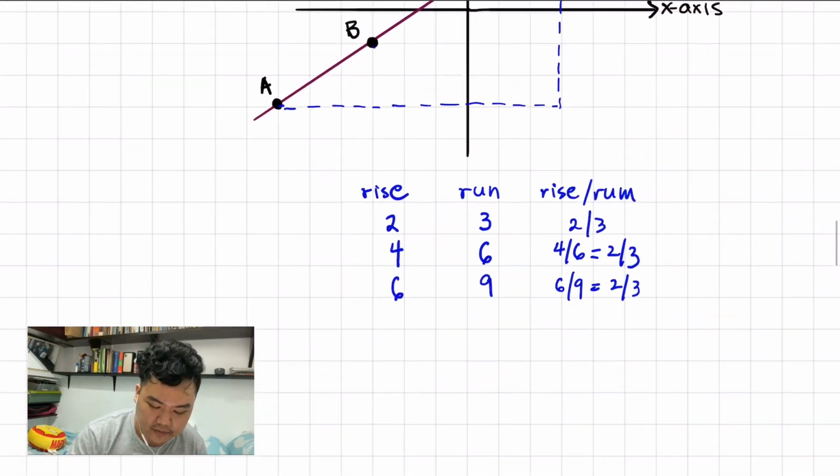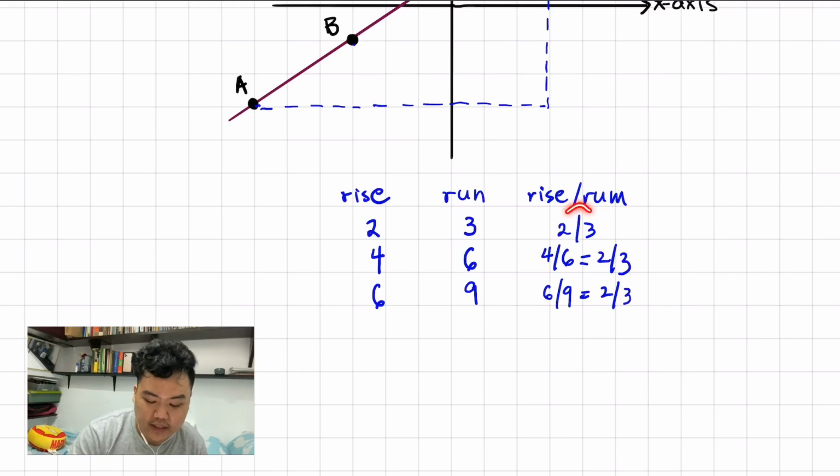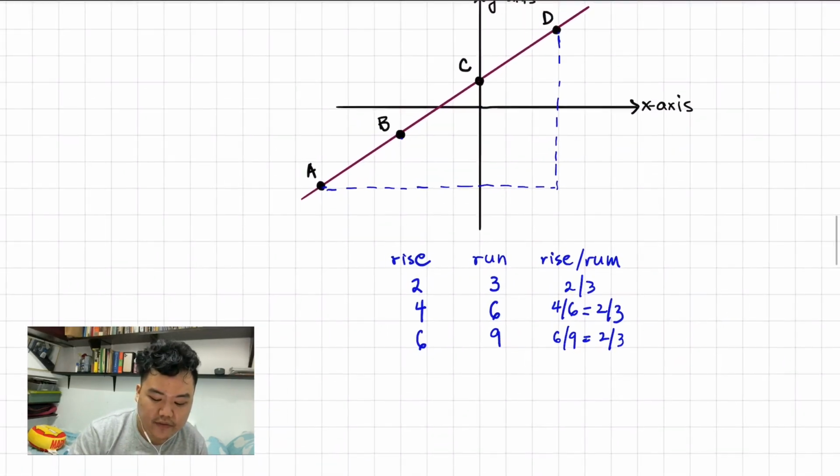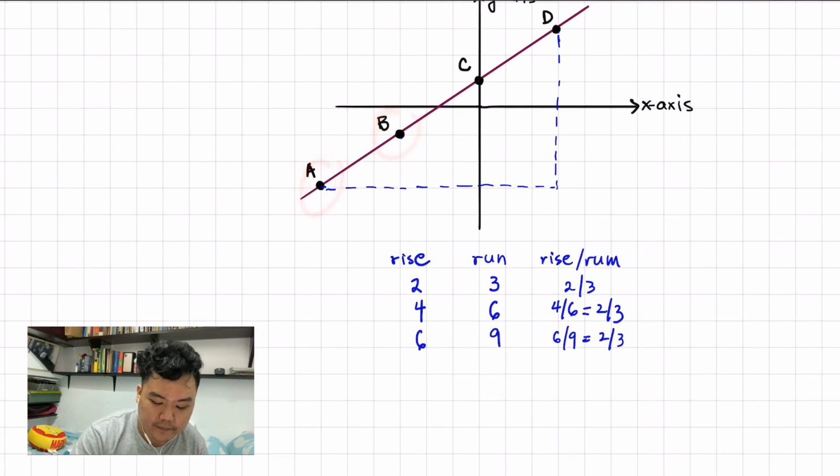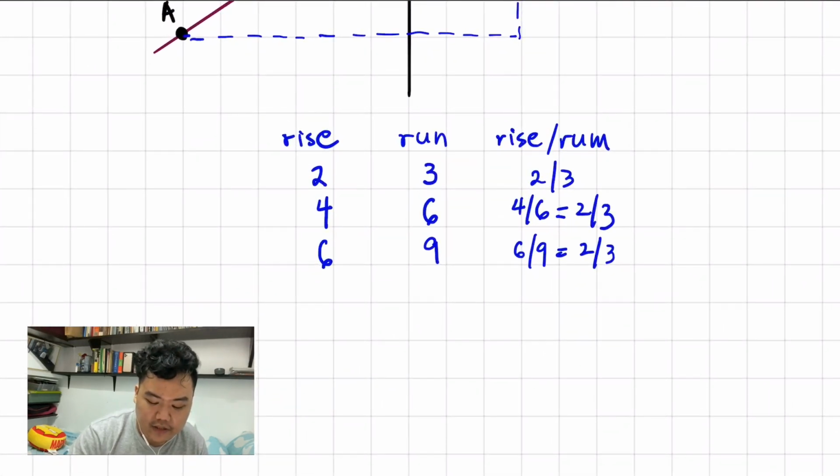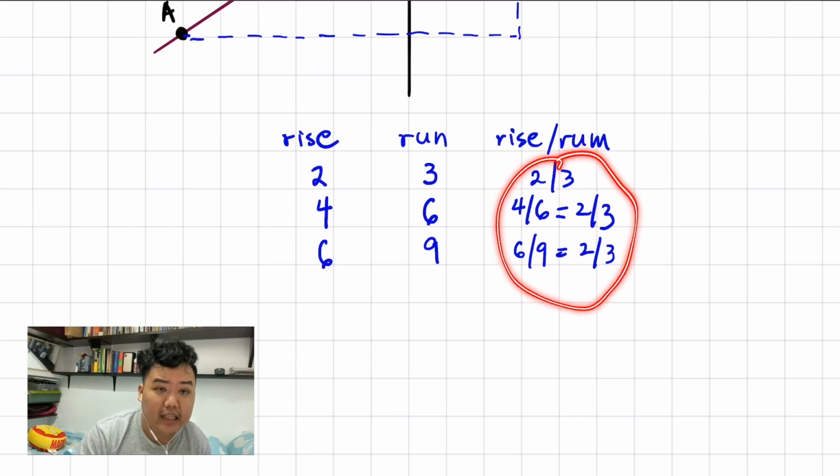Hey, look. The rise over run is fixed. It's always 2/3, regardless of the pair of points that we get. And this is actually the property that we want from the line. We call this property the slope of the line.